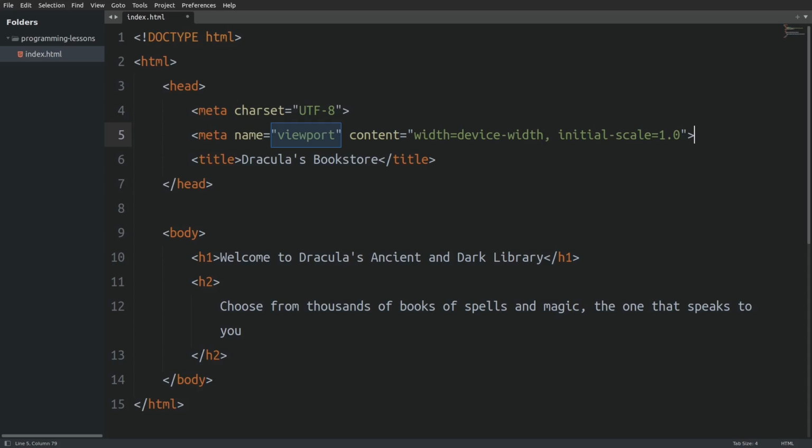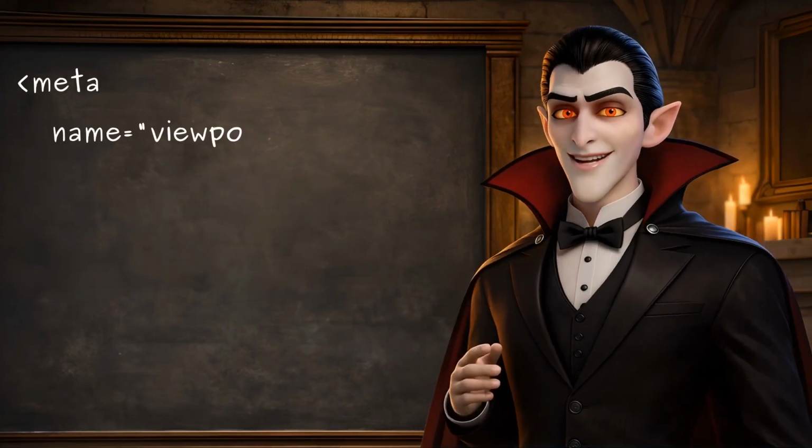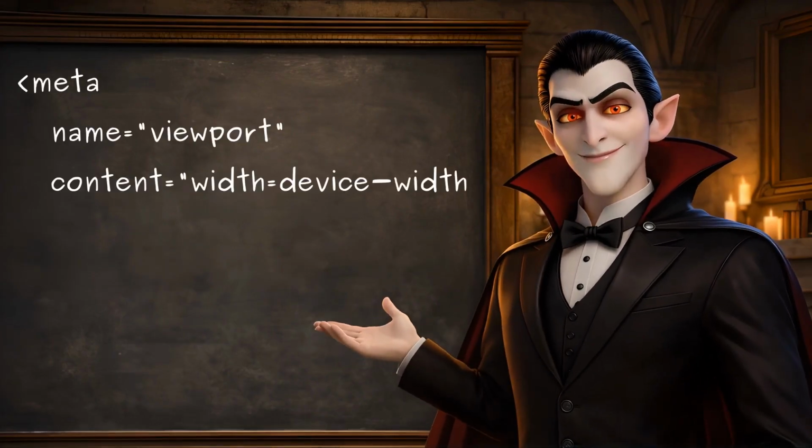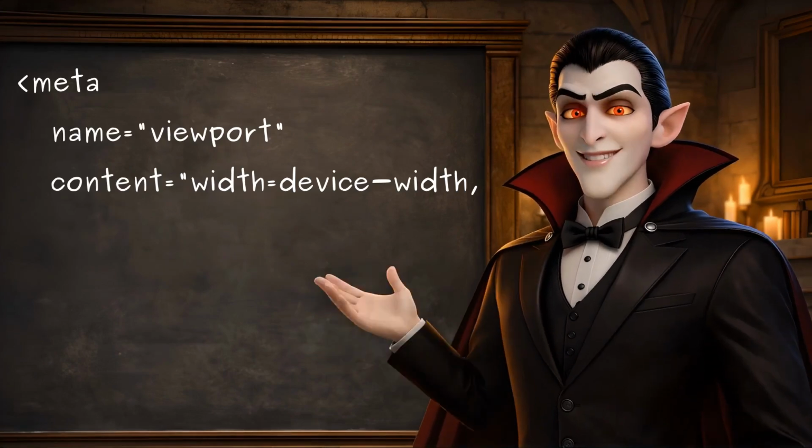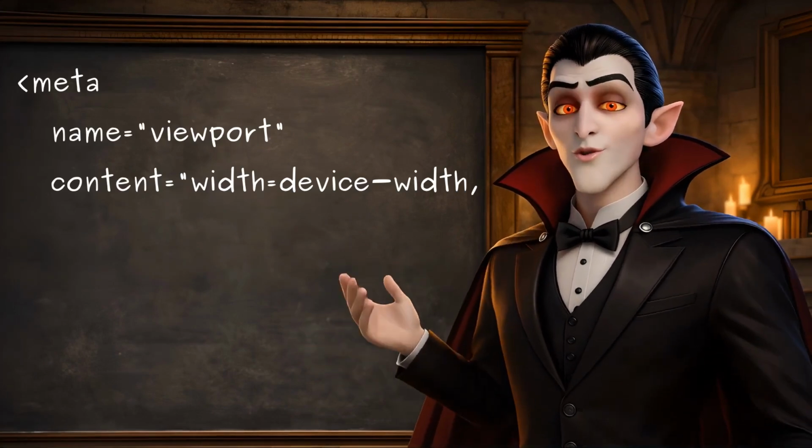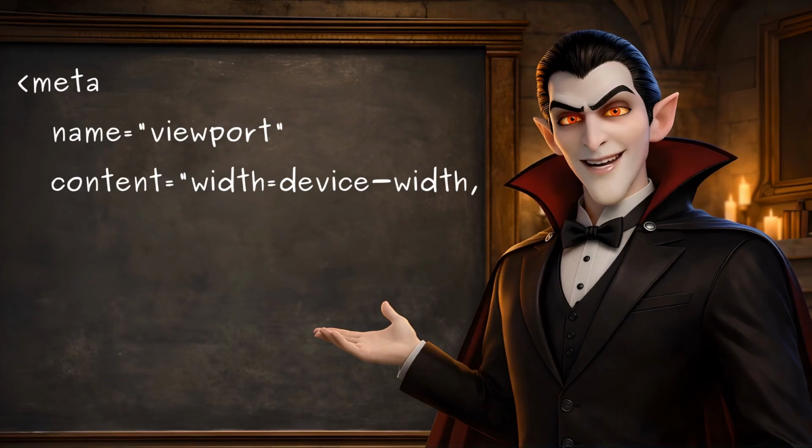The viewport is the visible area of a web page on a device. The content attribute contains the actual instructions. Width equals device width means match the width of the page to the width of the device.